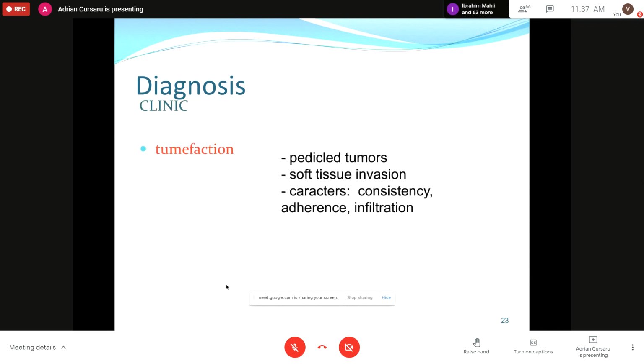Tumefaction is represented by the pedicle tumor, soft tissue invasion, characters, consistency, adherence, and infiltration. In most cases, that type of infiltration is most important because we have an extracompartmental type of tumor.